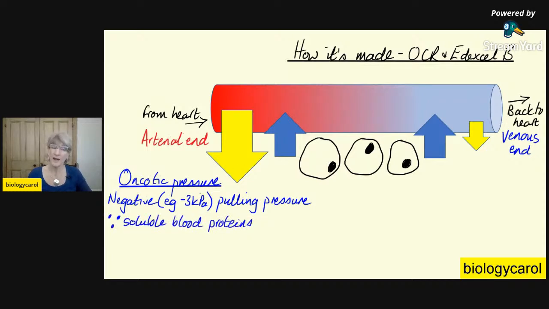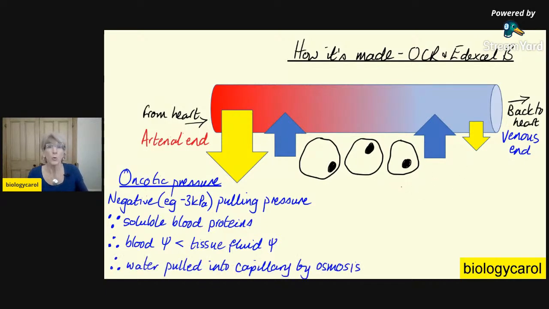It is directly, this symbol here means because of, directly because of the soluble blood proteins. And therefore, because those soluble proteins are soluble, the blood water potential is lower than the tissue fluid water potential. And therefore, water is pulled into the capillary by osmosis.